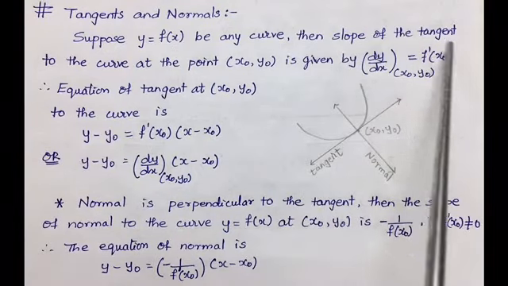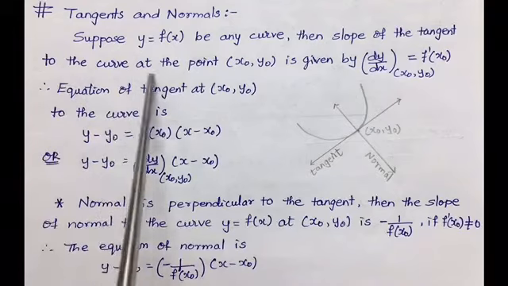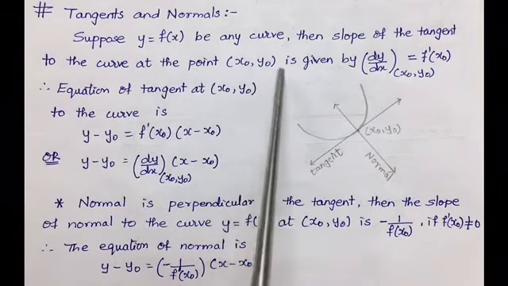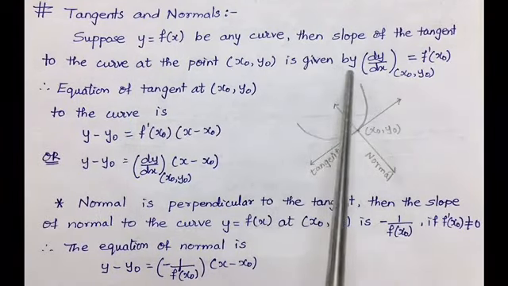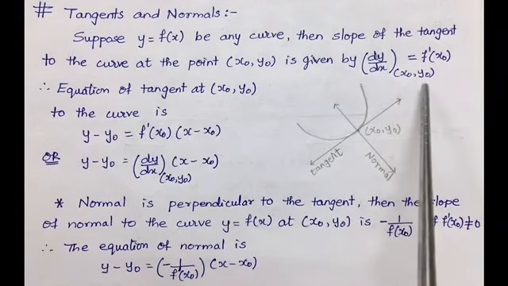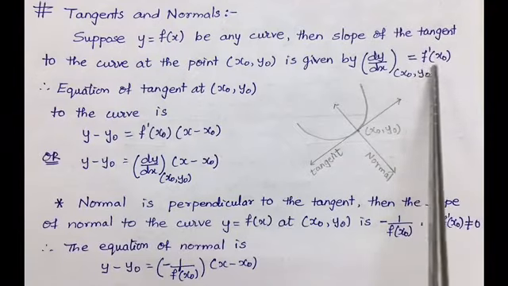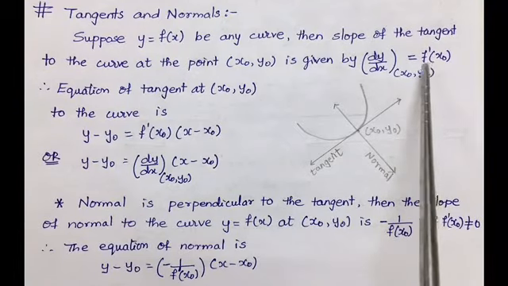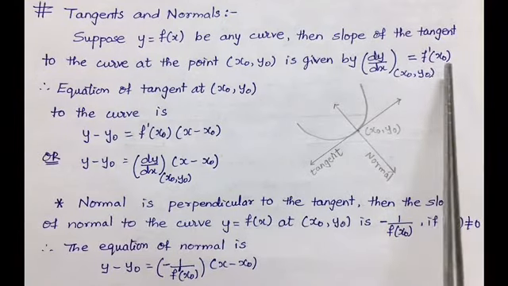Then the slope of the tangent to the curve at the point (x0, y0) is given by dy/dx at the point (x0, y0), or it can be represented as f'(x0).